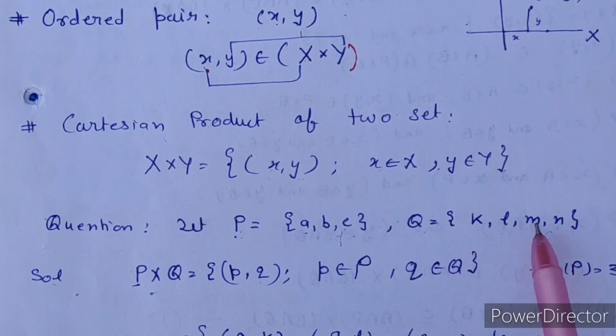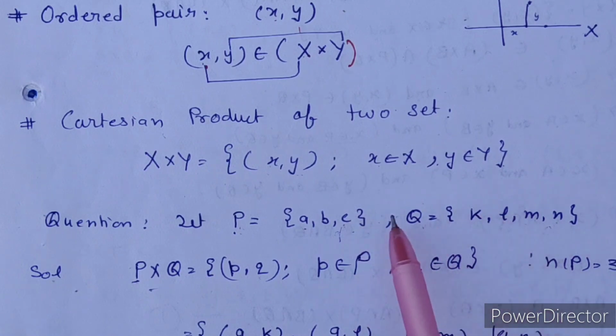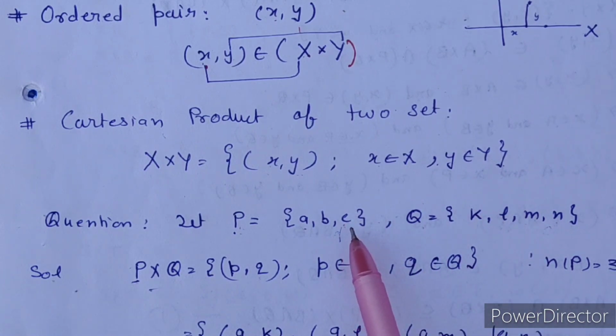They are K, L, M and N. Now their Cartesian product, this P cross Q, is the set of all ordered pairs in which the first element comes from the P set and the second element comes from the Q set. So now the number of elements in P cross Q will be 12, 3 here, 4 here, then the possible combinations are 12.